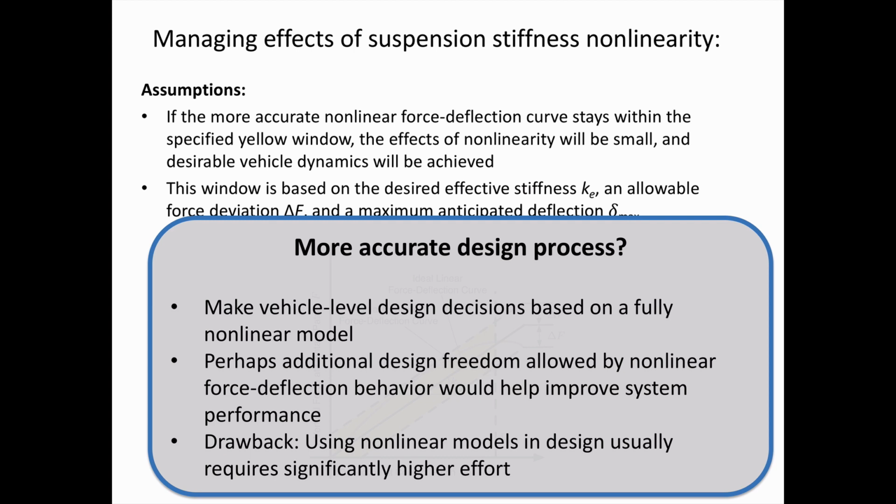There may be some potential with this additional design freedom, where we could exploit the nonlinear characteristics of the suspension system to improve overall system behavior. But one big drawback, of course, is that it generally is more difficult to use nonlinear models in design, and that's really outside the scope of this course.